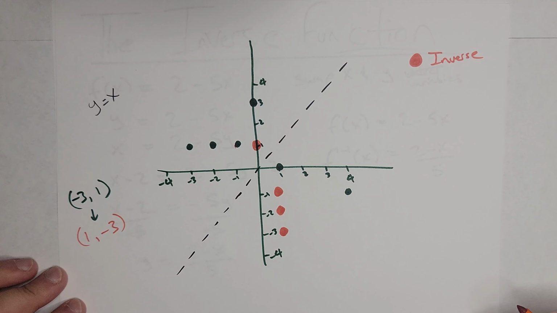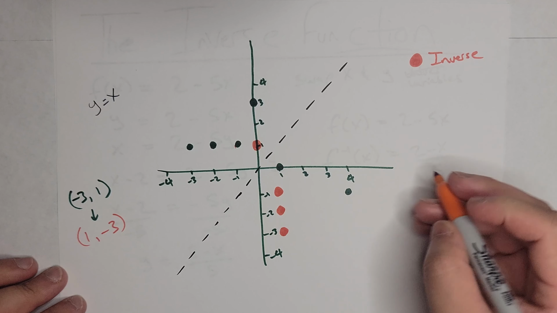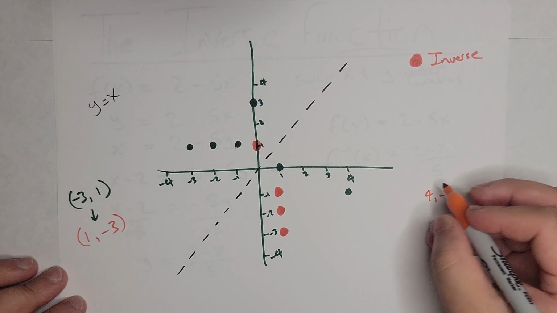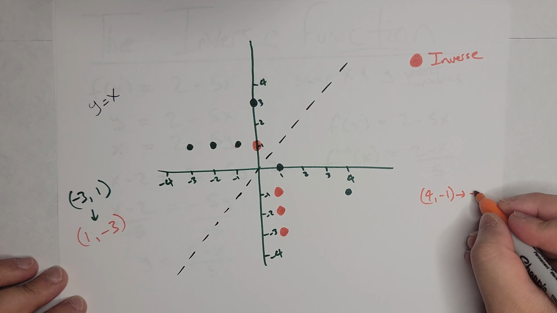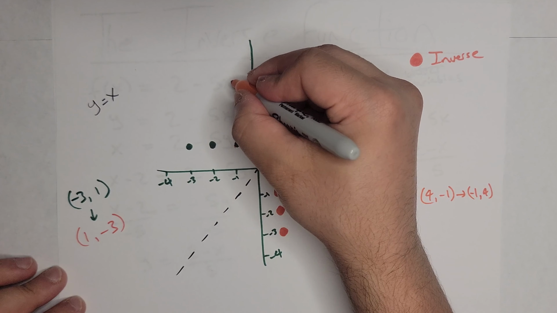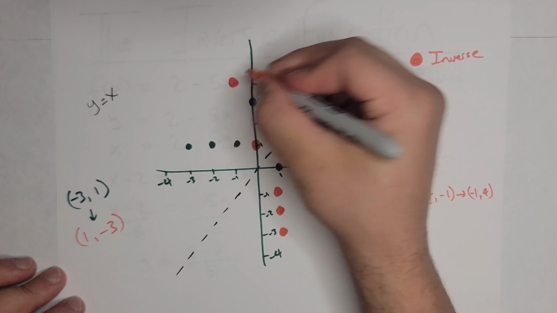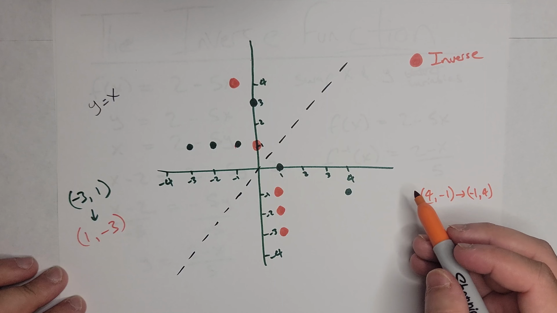Let's look at this one. 4 comma -1 becomes -1 comma 4. That's all the way up here. What else am I missing?